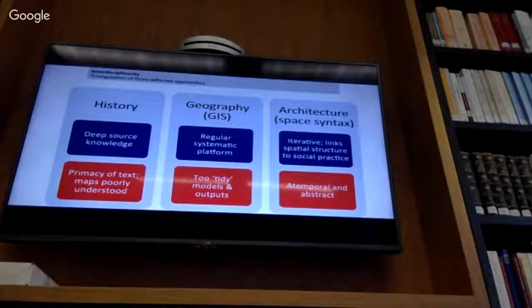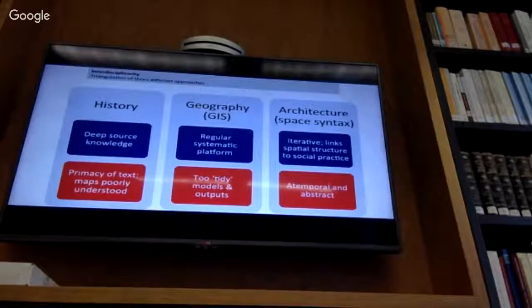The benefits of doing this collaboration are that as historians, we have a lot of deep source knowledge. We know the material, we know the contextual information, we know it as a source. Compare that with geography, we can use the GIS platforms as a regular systemic way of mapping this data.